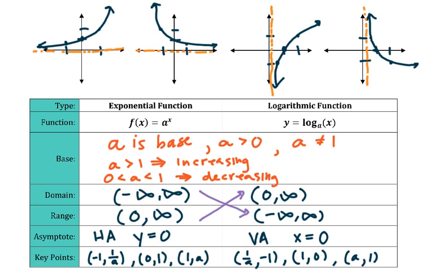We can stretch or compress vertically or horizontally. And we can have reflections over the x or y axis. So all of these are subject to change. All of these properties we've written in our table. But these are just the properties for the parent function, the most basic exponential and logarithmic function we can determine.